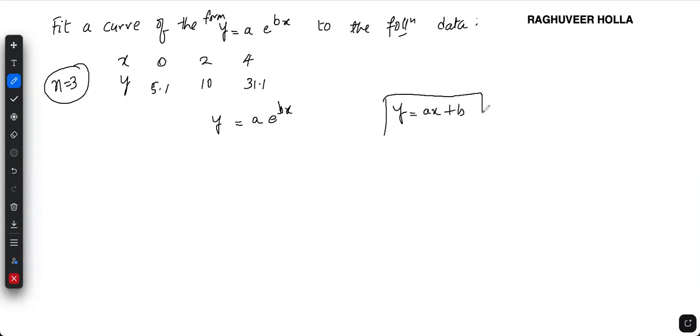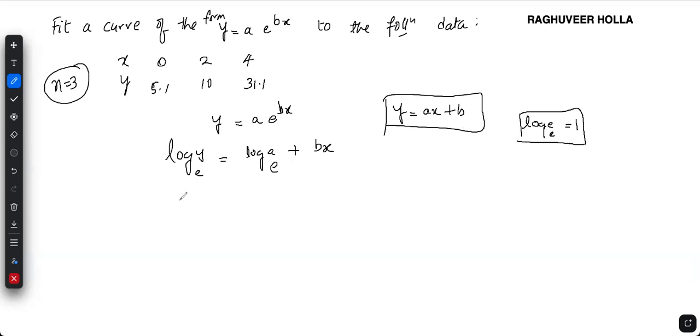How do we form this? By taking logarithms on both sides of the equation. So log y to the base e is equal to log a to the base e plus bx, because log e to the base e is 1.